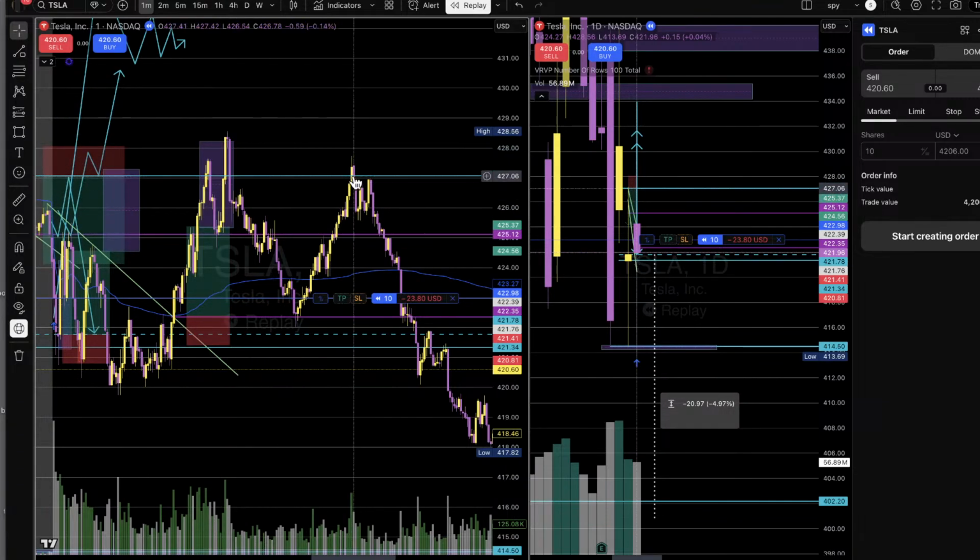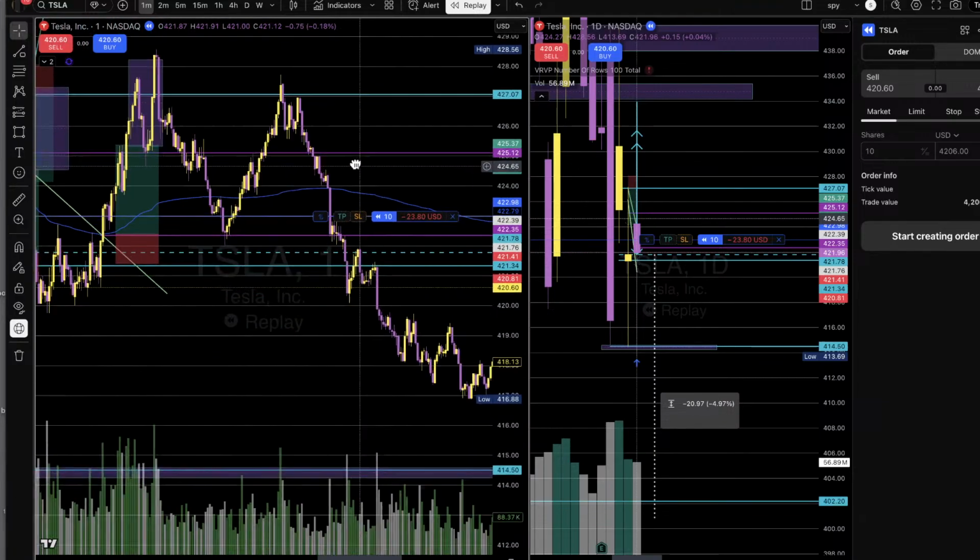So maybe we'll try it again. But if it doesn't, we'll do a bounce retest. So boom, breaks, fails again. Like disillusionment. But this part here is like, well, let's wait for a rejection to re-enter, and then boom.